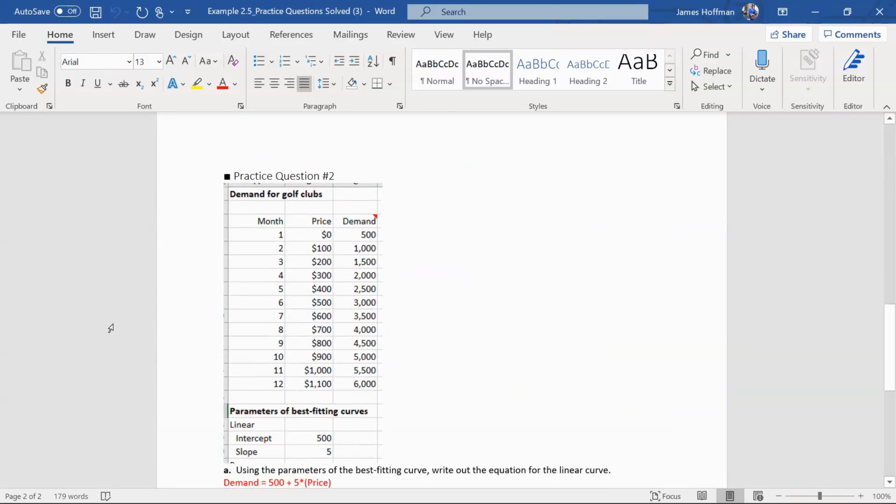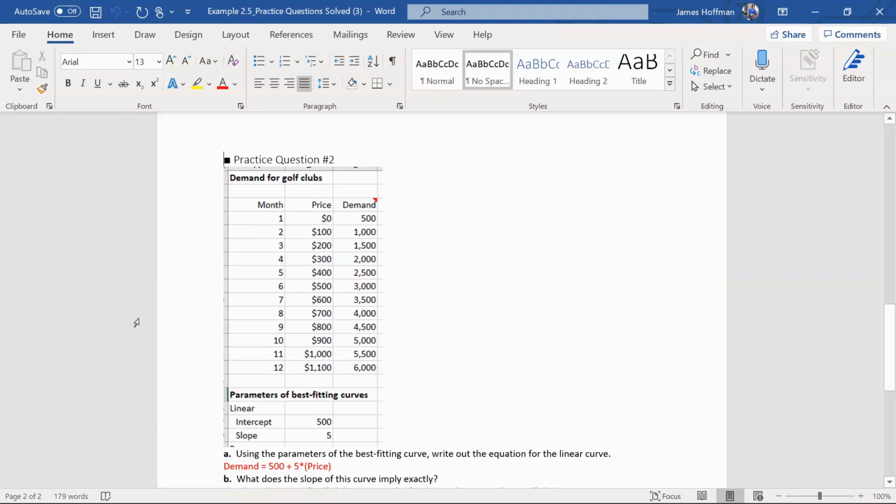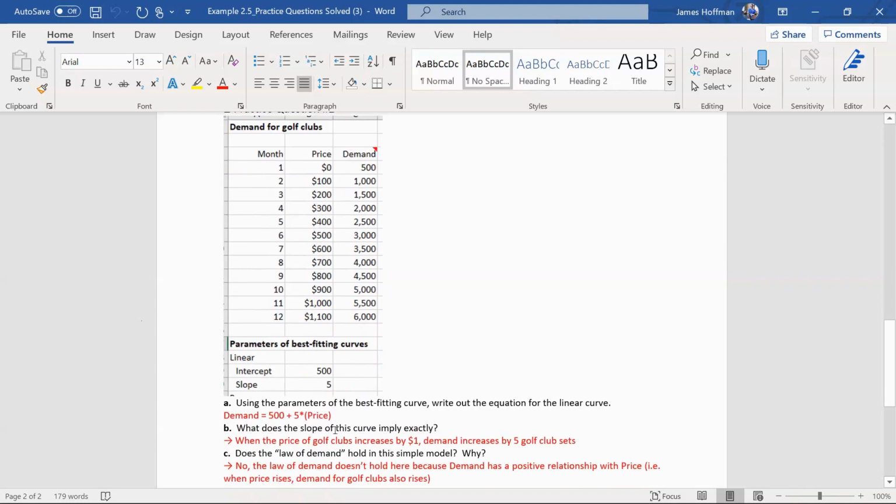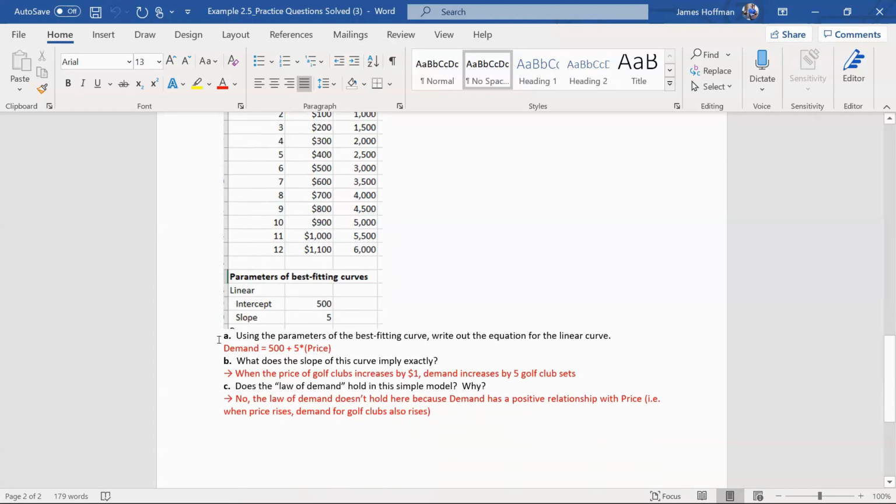All right. One more example, and then you can look at these on the Blackboard page and make sure that these make sense. So another example, we got different prices, different demands, different intercepts, different slope. Part A, same questions, different numbers.